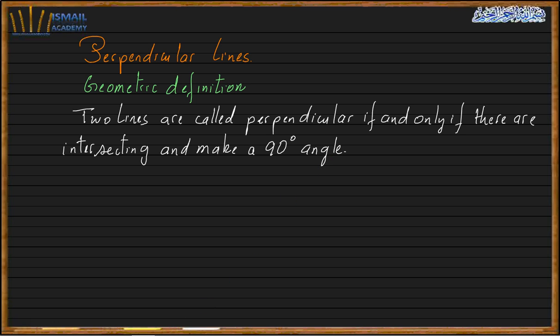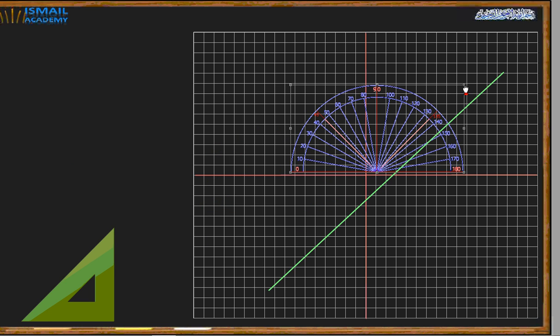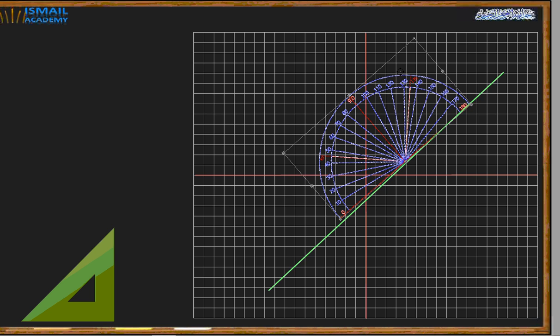So here, if I draw my line and I want to draw a perpendicular line, either I use a protractor or I use a triangle. For the protractor, I need to make a 90-degree angle. So I'm going to move this here and rotate it to make a 90-degree angle.